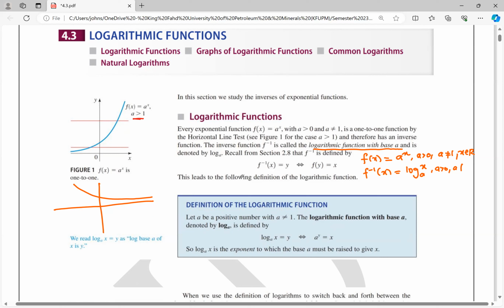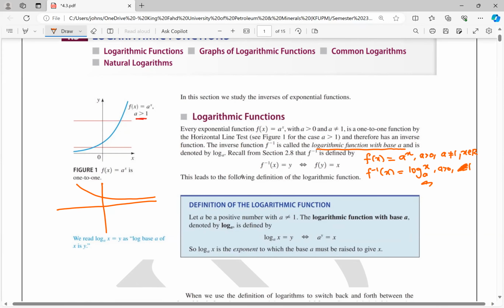But something that differs here is the x. Here, the x has to be only in what? x has to be positive because we don't have a logarithm of a negative number.